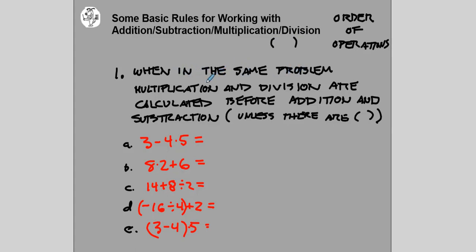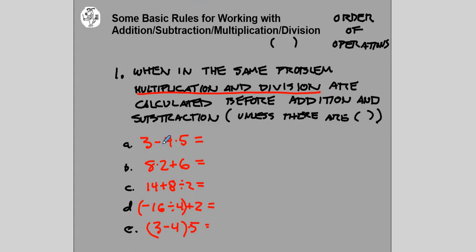So in the same problem, multiplication and division are calculated before addition and subtraction are, unless there are a set of parentheses. Multiplication and division take priority. They are done first before addition and subtraction unless you have parentheses.